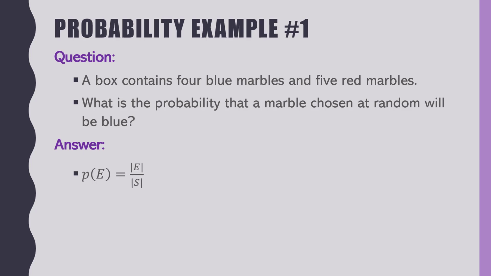But in this particular case, the 4 blue marbles are not the set, right? The 5 red marbles are not the set. The set, the event is me picking a blue marble, right? And there are 4 things there that I can do, right?